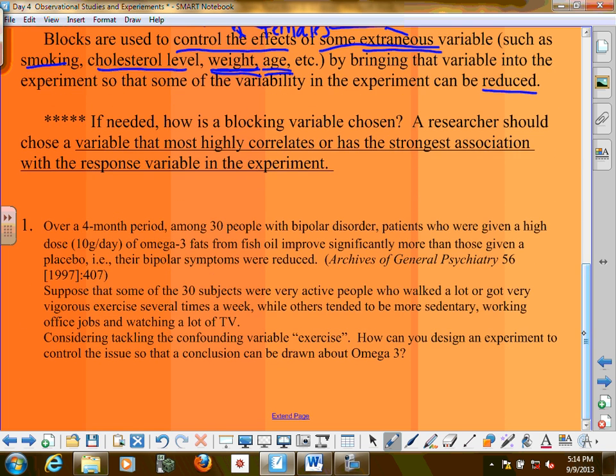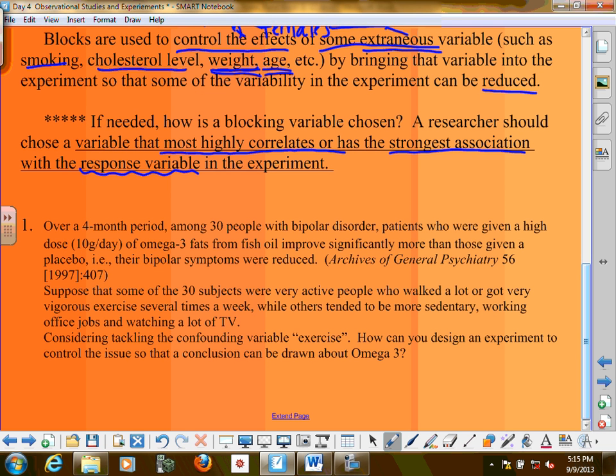All right, so let's do this problem here. How do you choose a blocking variable? The way researchers choose is they pick the one that is most highly correlated or has the strongest association with what you are checking for.